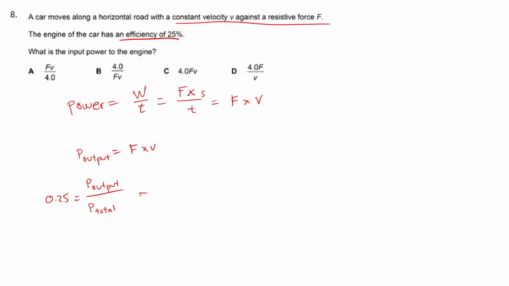So it turns out that P total is equal to P output over 1/4, we can substitute this P output, and we get P total is equal to 4 times F times v, which is C.